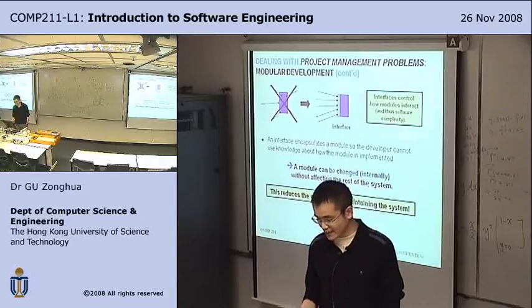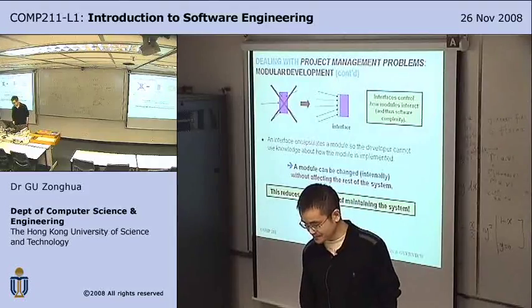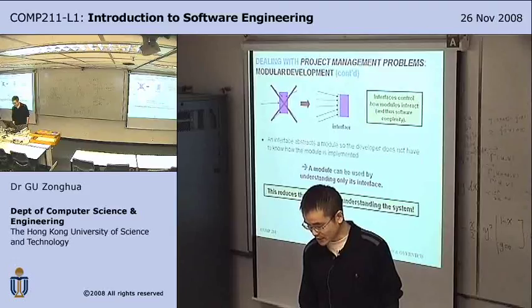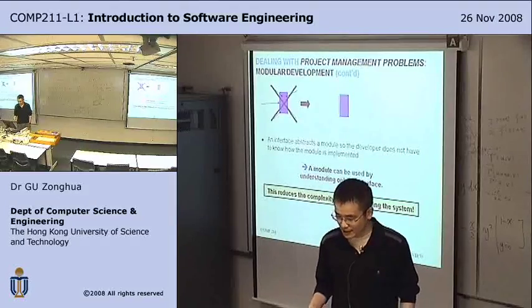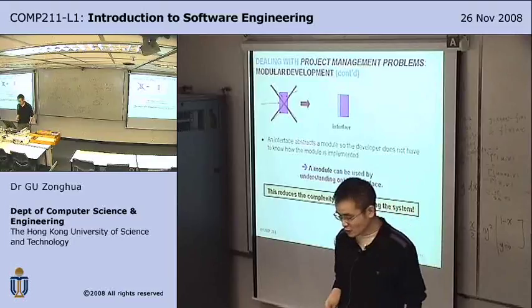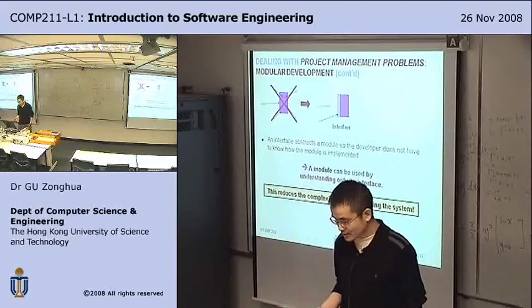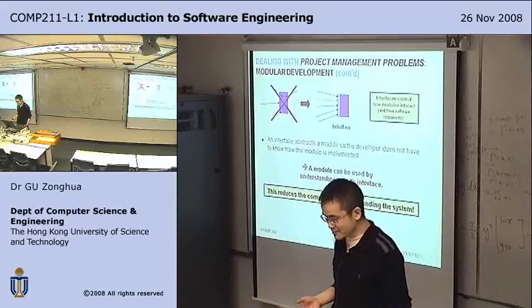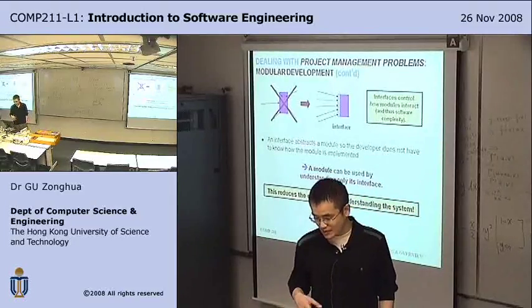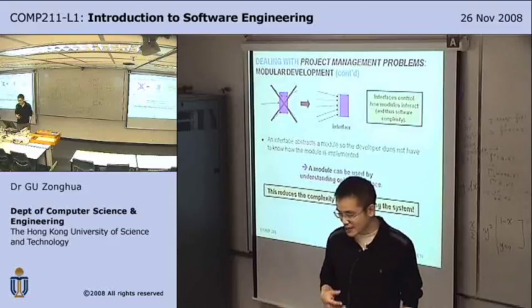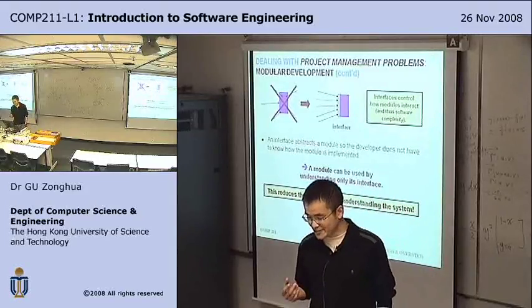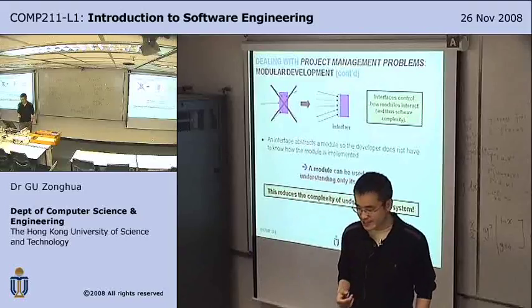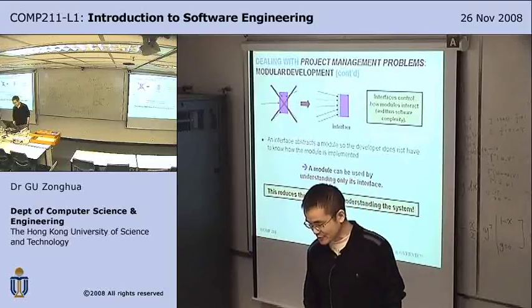Reduce complexity of maintaining the system. There's abstraction: it abstracts a module so the developer does not have to know how the module is implemented. We'll make a distinction here. By abstraction, it means that for another module, you do not need to know the implementation details to use it.